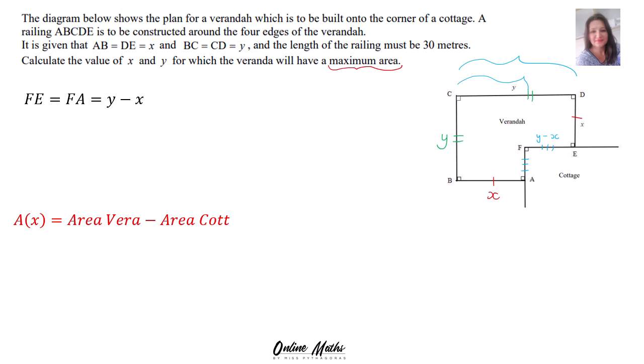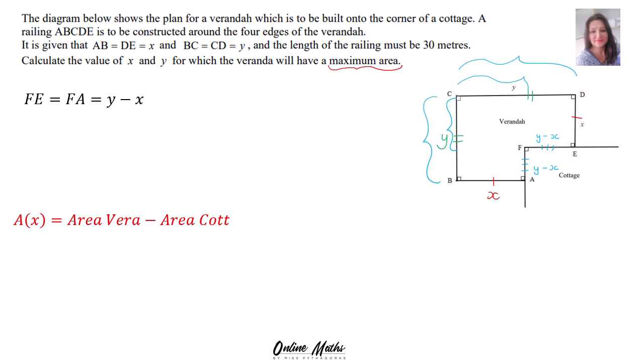Have a look. FA could be CB's length minus, and remember CB is Y, minus this little bit over there, which is X. So FA is also Y minus X.